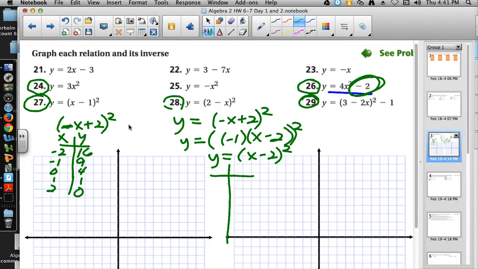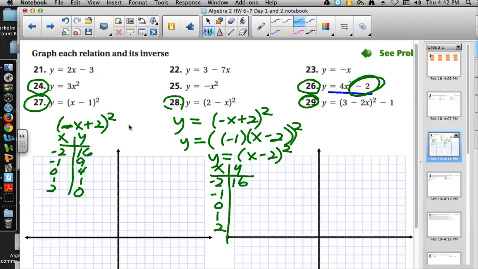So the question is, does that do the same thing as this (x minus 2) squared? So let's put them in and see. Well, this would give us negative 2, and negative 2 minus 2 is negative 4, and negative 4 squared is 16. Aha!